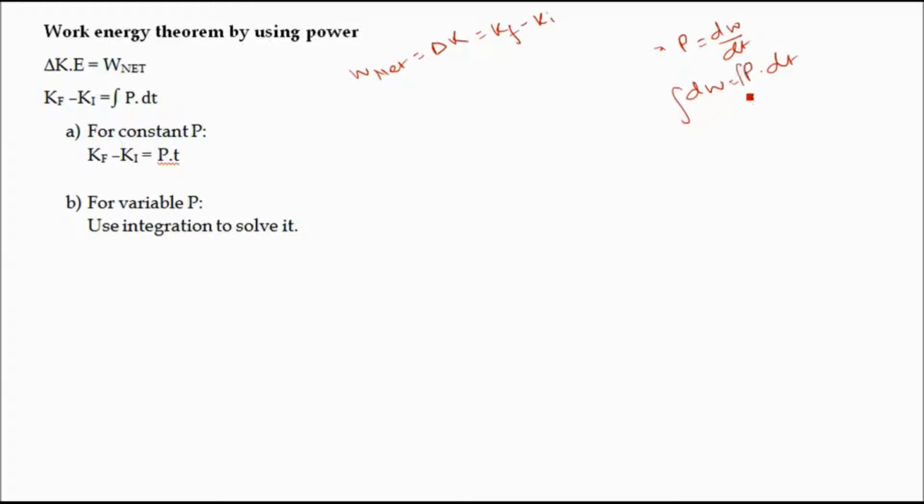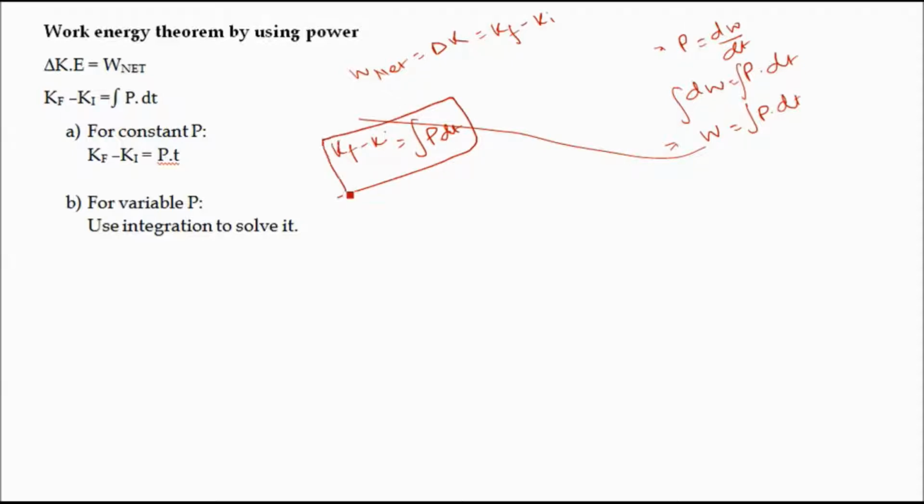So from there we get dW is equal to P into dt. If we integrate both sides, then on the left hand side we get W, and work done is equal to integration of P dt. So from there we come to a conclusion that Kf minus Ki is equal to integration of P dt. This formula is of immense importance.